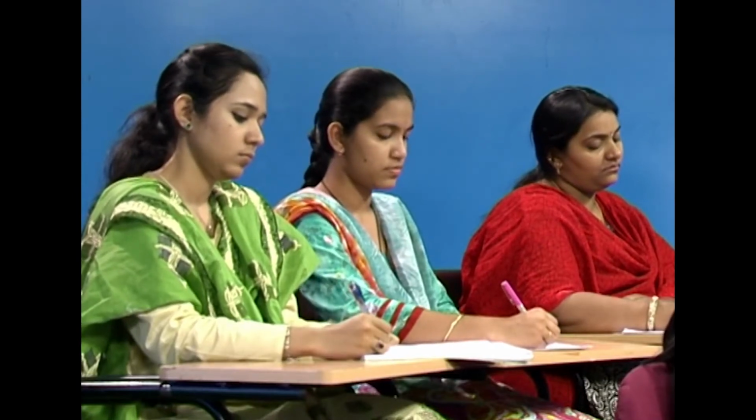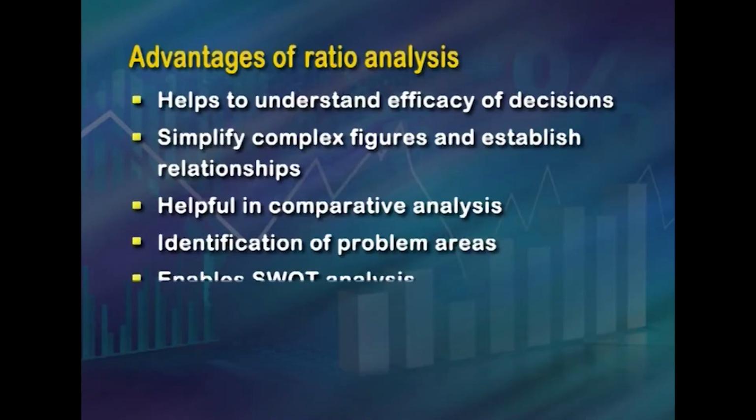Ratios also help a great deal in explaining the changes occurring in the business. The information of change helps the management a great deal in understanding the current threats and opportunities and allows the business to do its own SWOT, that is, strength, weakness, opportunity, threat analysis.